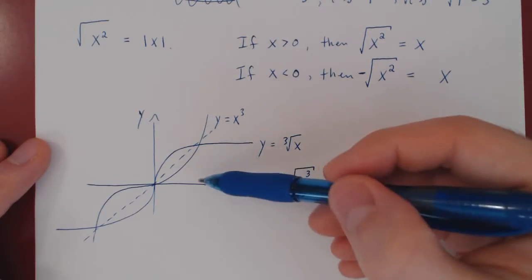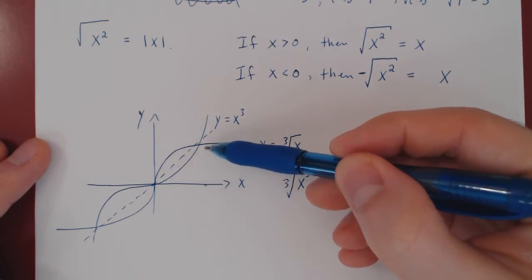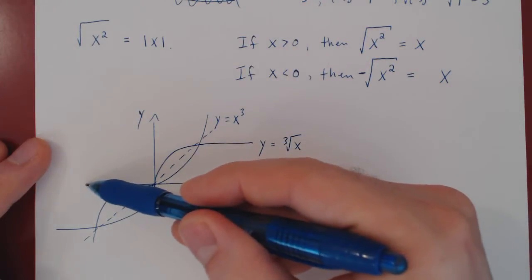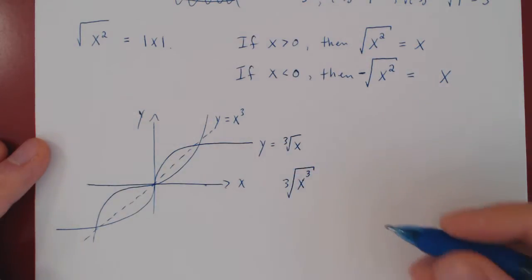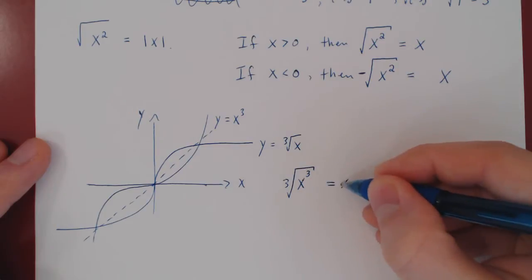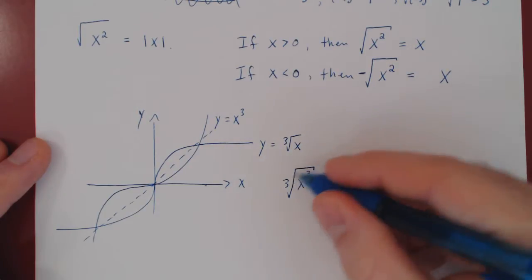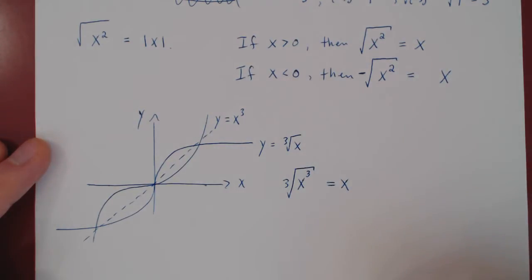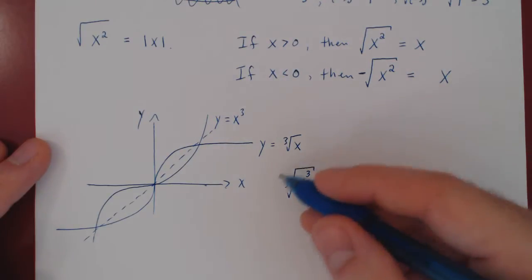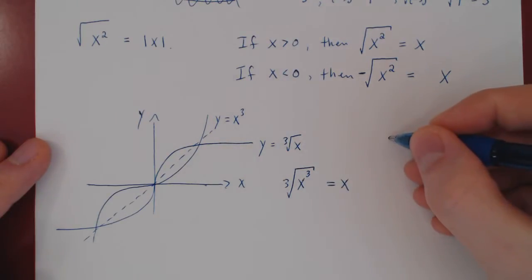and as we have seen, the cube root of something positive is positive, the cube root of something negative is negative, and so for any given value of x, the cube root of x cubed is always equal to x, whether x is positive or negative. And the same argument works for, say, the fifth root.